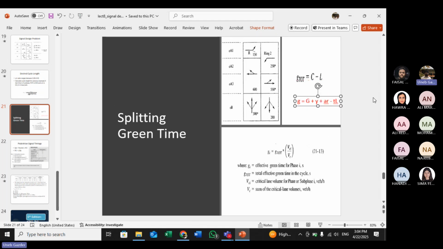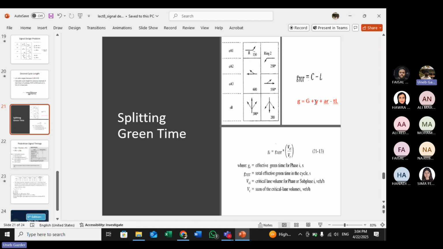This is how you convert the effective green time to the green light time, the actual green time. Effective one is the small one, the one which we calculated in the example yesterday. To convert this to the actual green time, you have to use this equation.